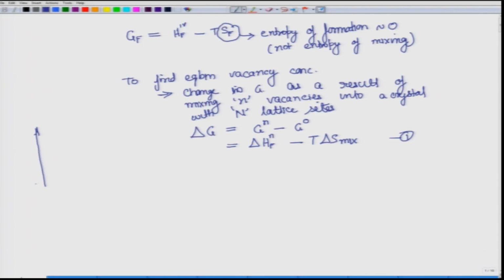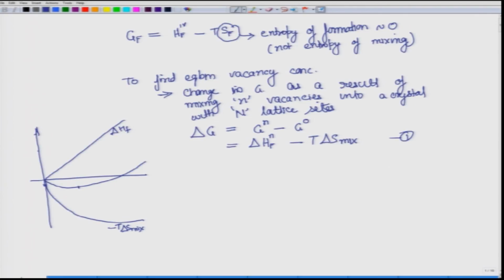Approximately what we are saying is that something like this will occur, where delta H_F is increasing like this, and the entropy is leading to the lowering because there is a minus term over there. So, this is minus T delta S mix, and as the sum of these two, the delta G is varying like this. Somewhere delta G is minimum.